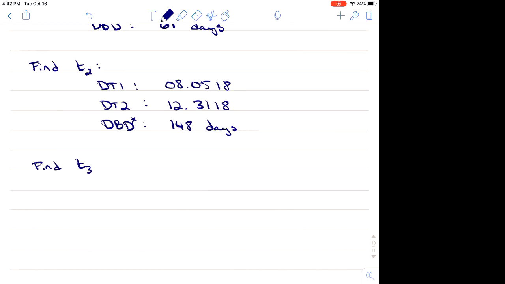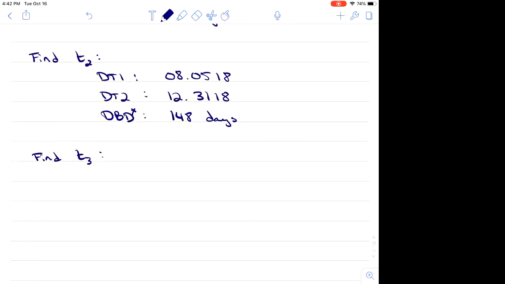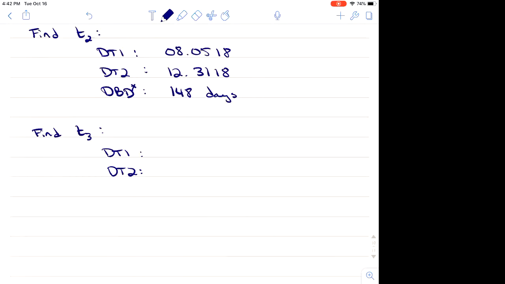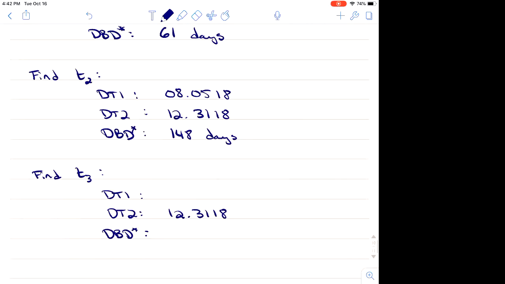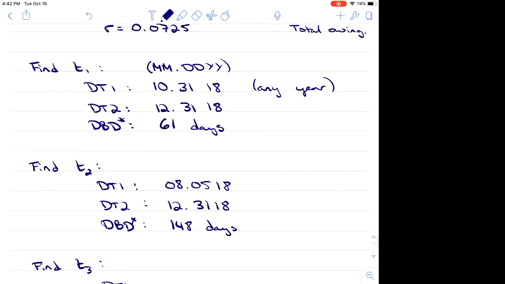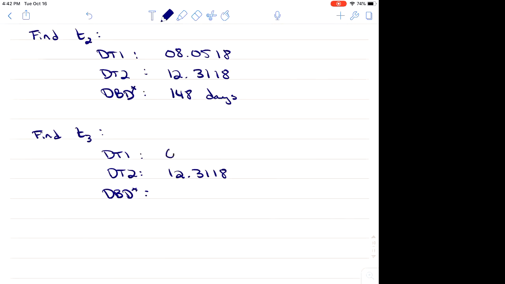Find T3. We've got date 1, date 2; it's getting tedious now, but that's good. Date 2 is still 12.3118. And we've got June 23rd, 06.2318.